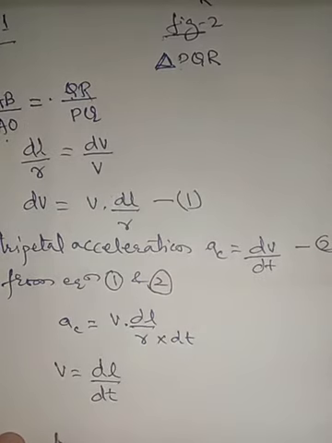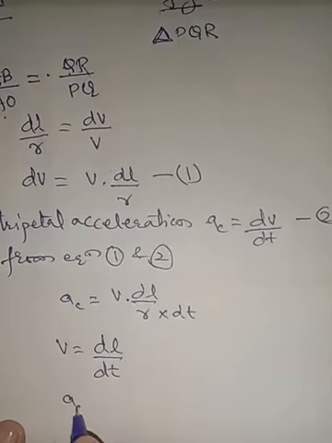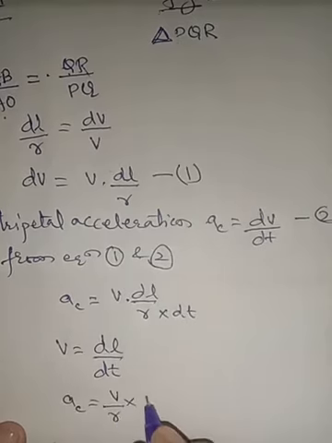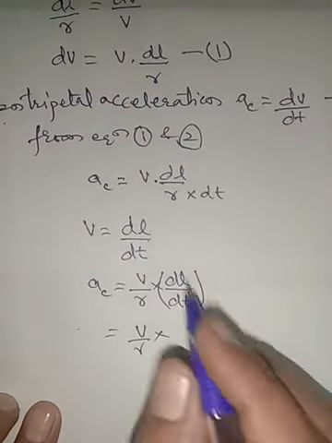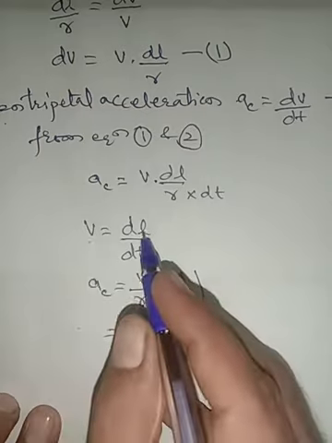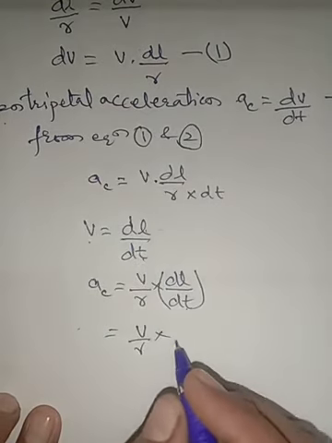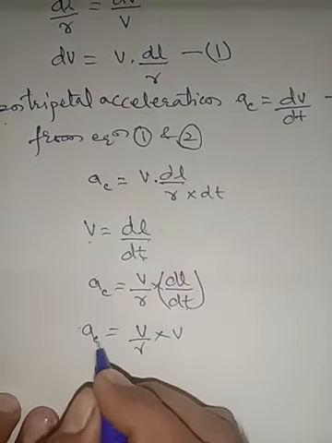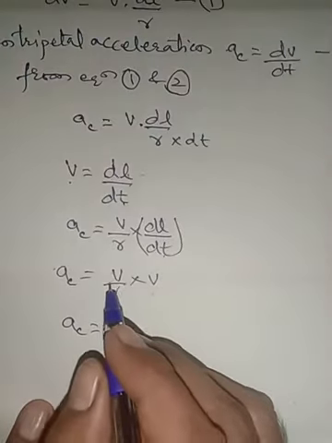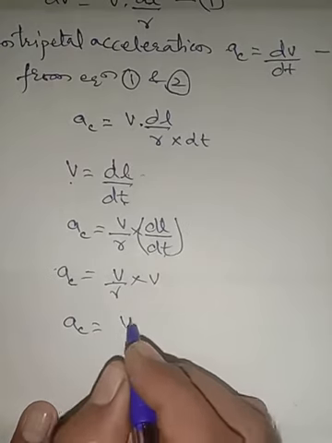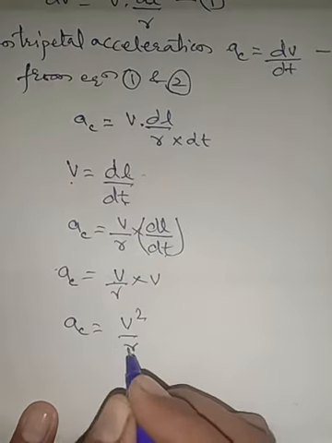So rearranging the terms, AC will become V by r into dl by dt. Already we know velocity is displacement upon time, dl upon dt, so I'll write V. So AC is V into V by r, so AC will become V square by r.